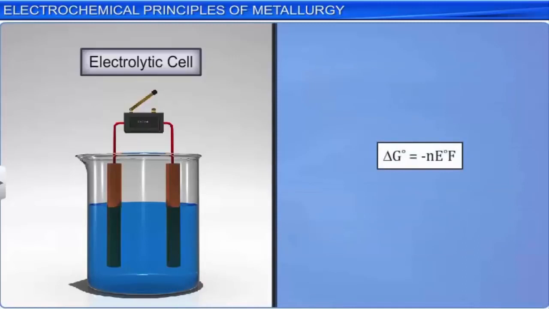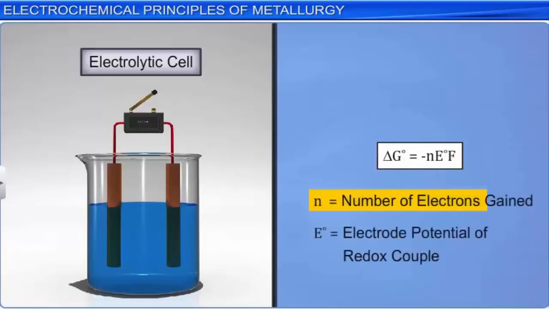These electrochemical principles are explained in the equation shown here. Delta G naught is equal to minus n E naught F. Here, n is the number of electrons gained, and E naught is the electrode potential of the redox couple.